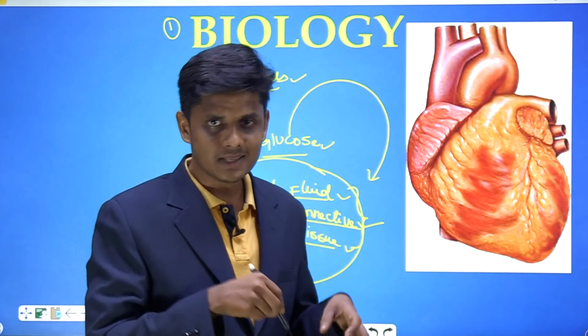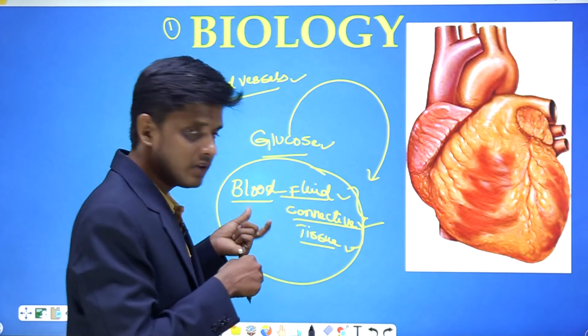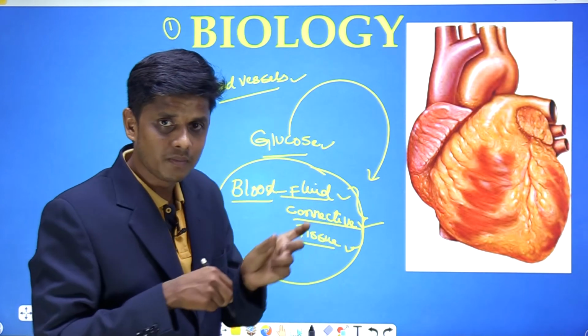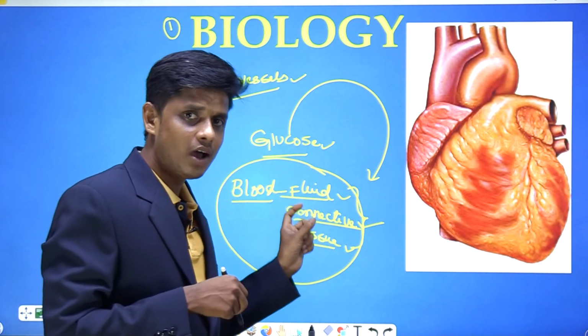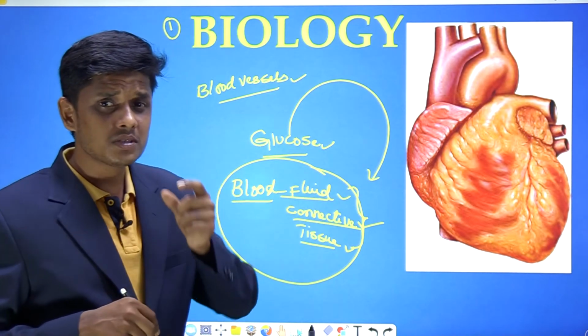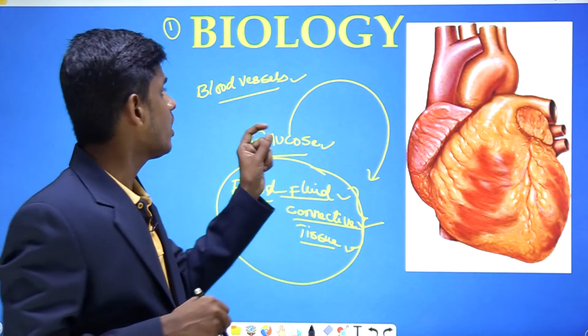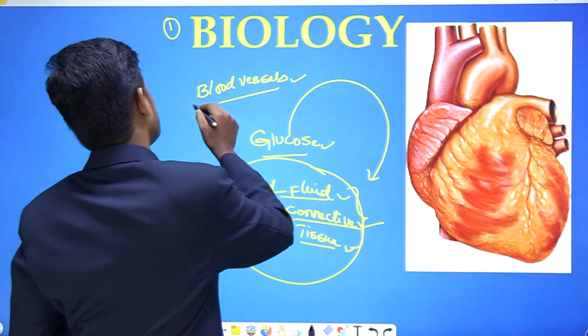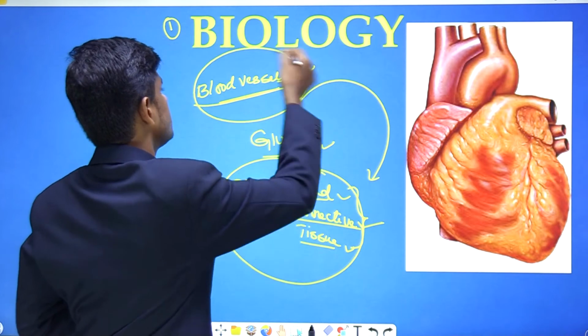Glucose has to be transported from the small intestine to the different body parts, so the glucose is transported along with the blood, where the blood passes through the pipe-like structures called blood vessels.